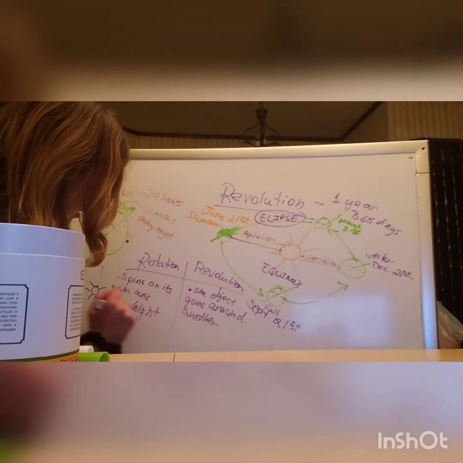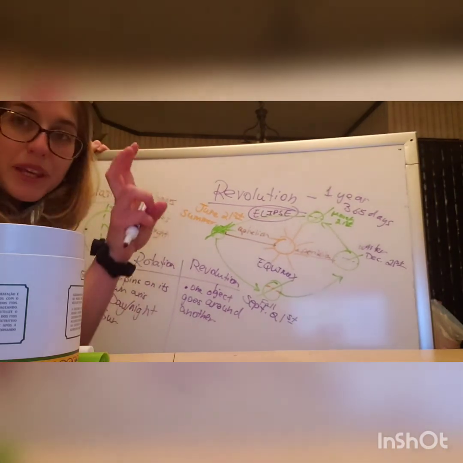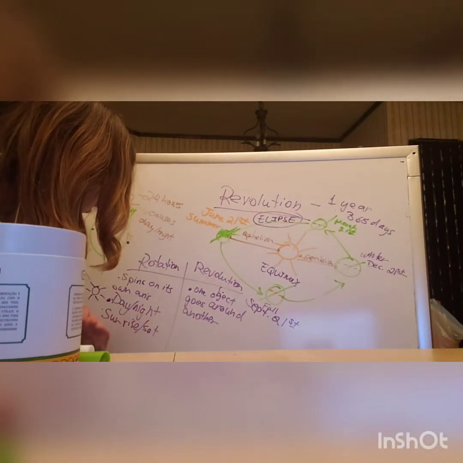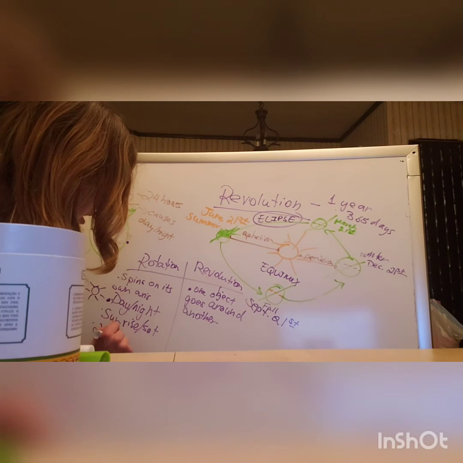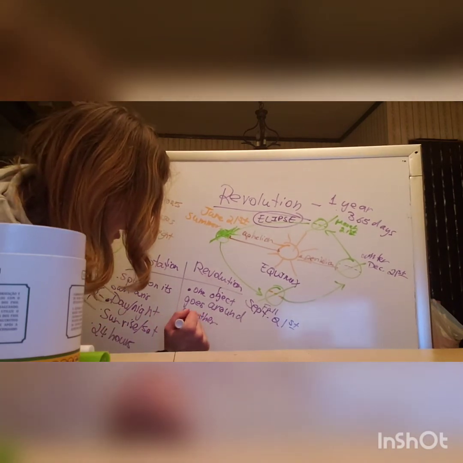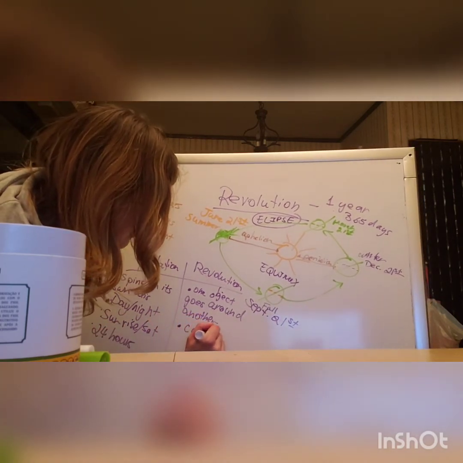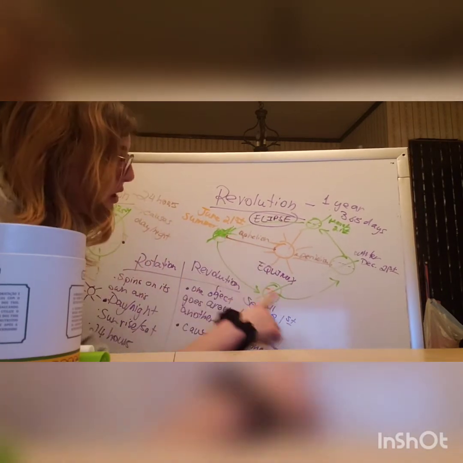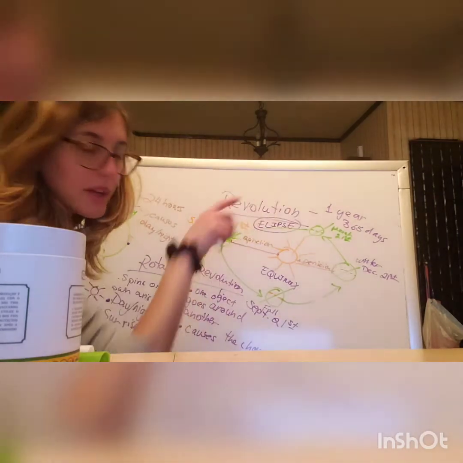It causes the sun to appear to rise, the sunrise, and for the sun to set, because it takes 24 hours. And a revolution causes the change in seasons, because it's taking the planet for a spin around the sun.